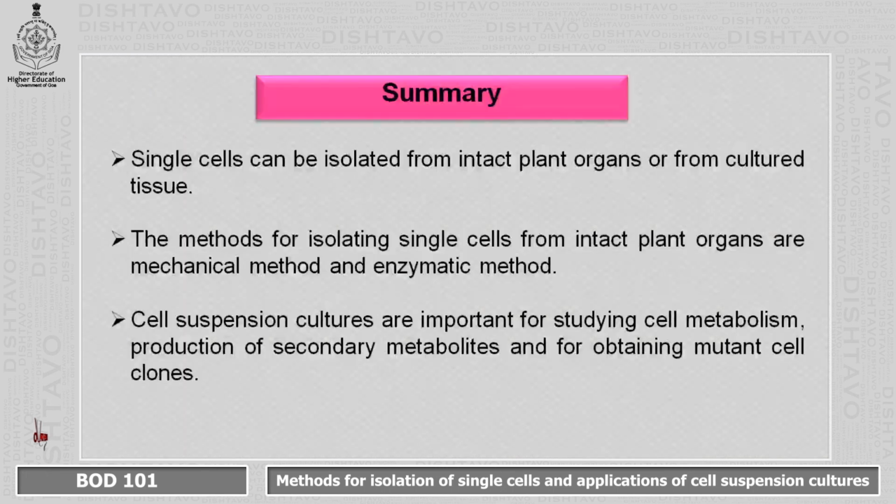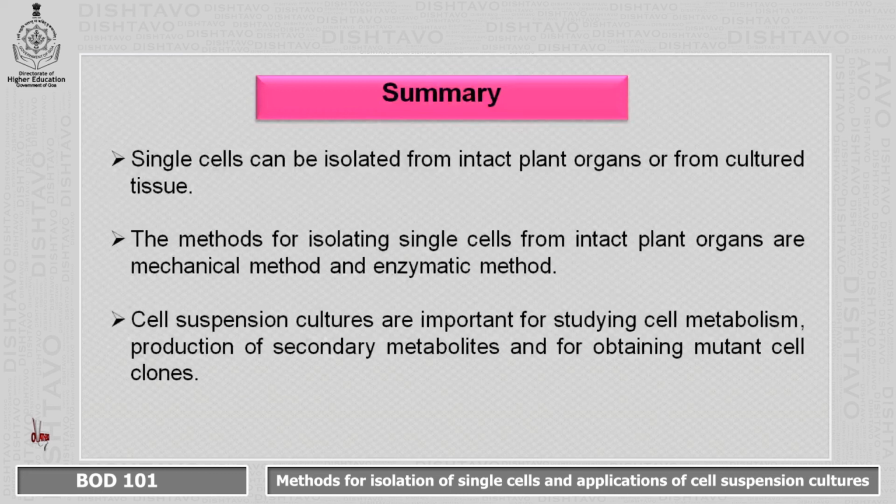So students, in this module you have learned that single cells can be isolated from intact plant organs such as leaf, stem, or from cultured tissue such as callus.